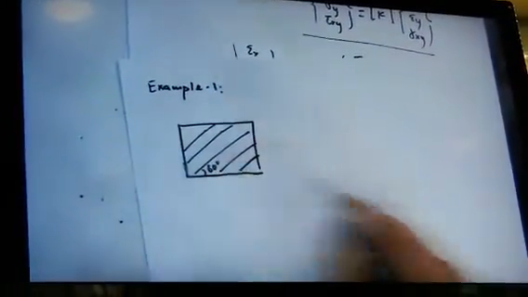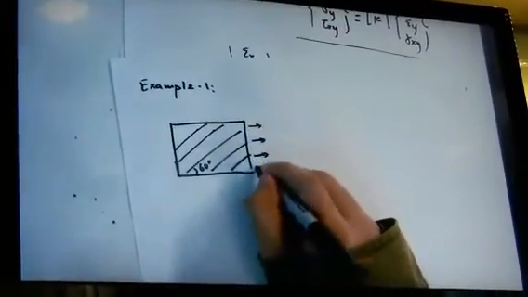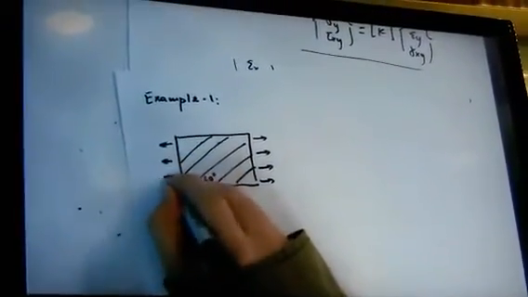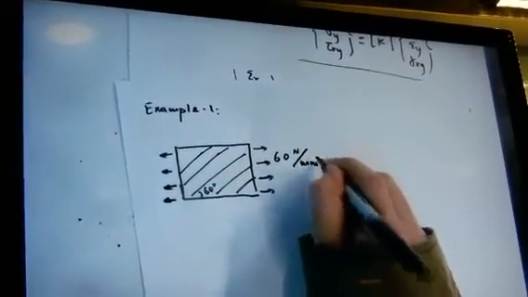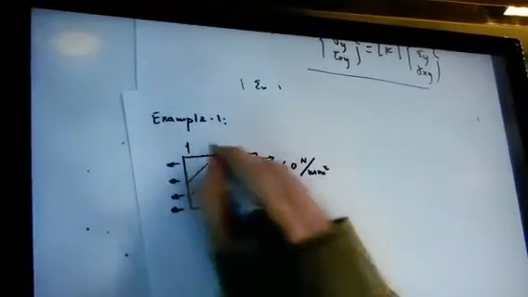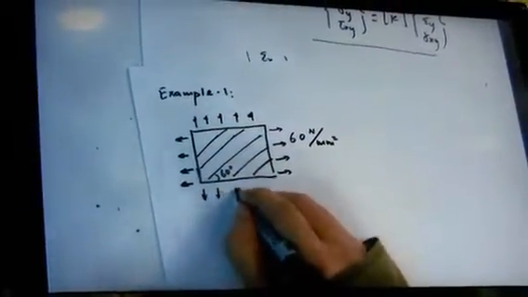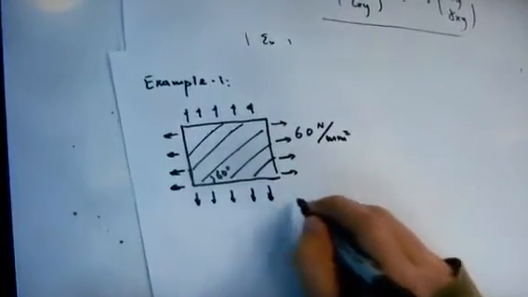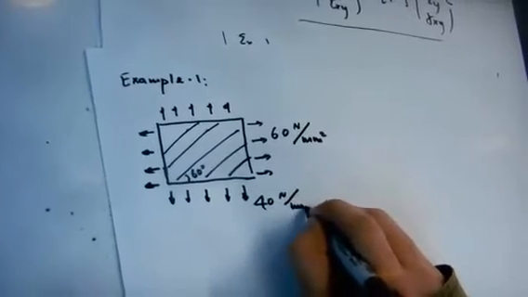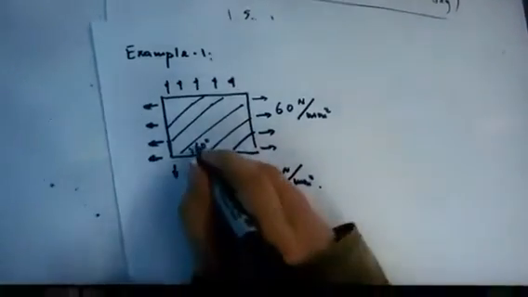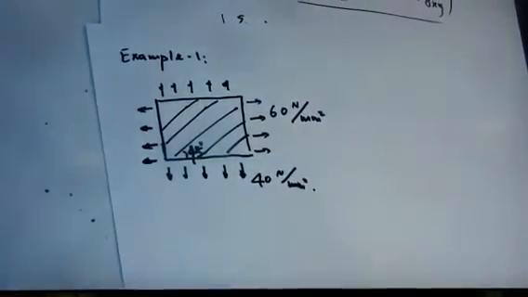The inclined angle is 45, and the loading along this direction is 60. Loading along this direction is 40. Sorry, this is 45 degrees, not 60.